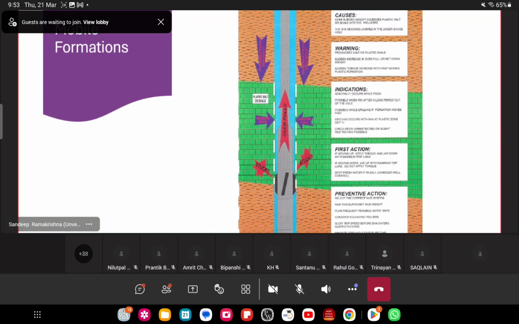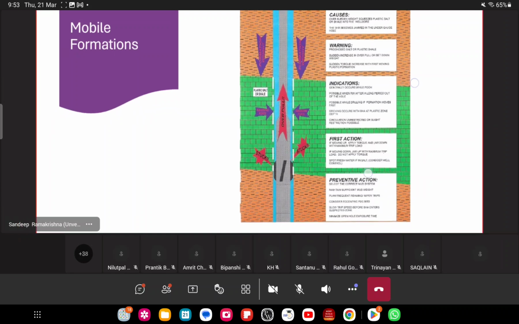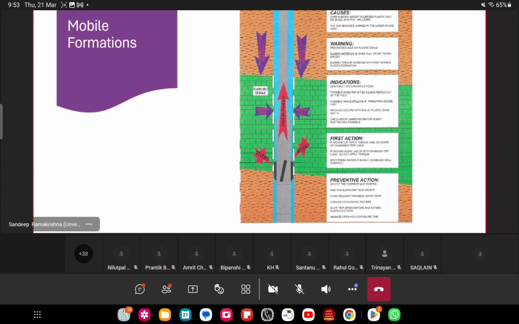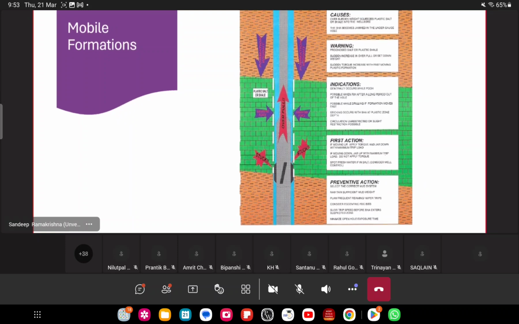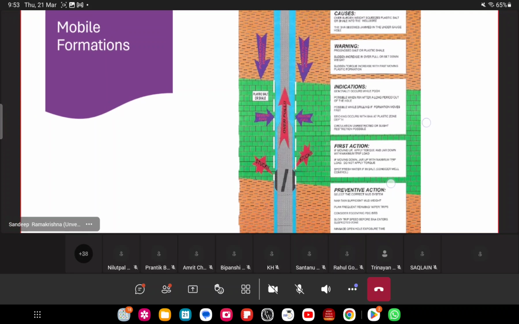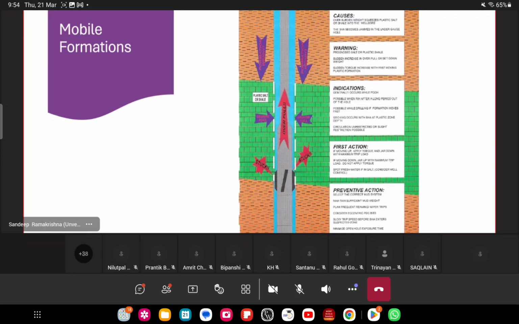Mobile formations, and some of you might be hearing this for the first time, or on the contrary, some might be very well versed with it. Mobile formations are like salts, called mobile formations because the salt is constantly moving.